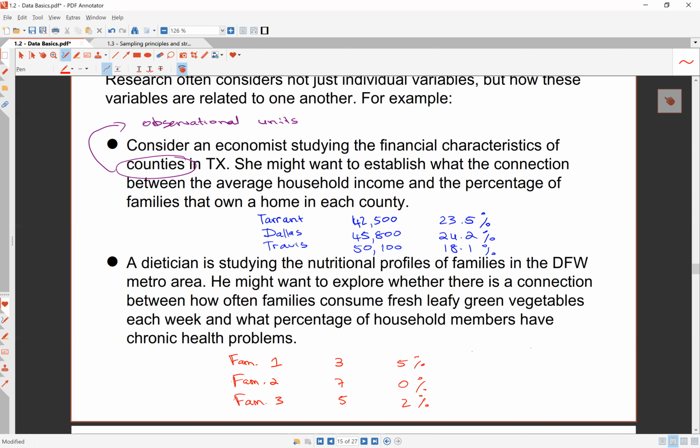But of these two examples, in one we would expect a very strong relationship, between income and home ownership. Those are closely related concepts. Whereas looking at diet, leafy greens is just one very small component of what impacts health overall. So there might be a relationship, but it might be a very weak relationship.